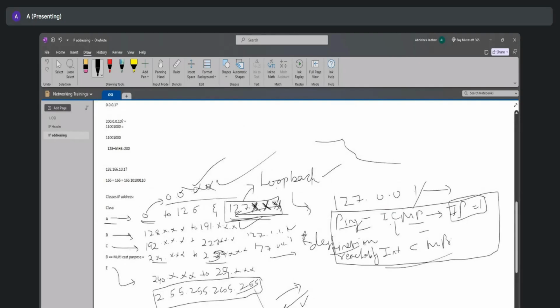For each network we create, there will be a broadcast IP and a network IP. We'll come back to that point. But these are the ranges we have got: class A is from 0 to 127, class B is 128 to 191, class C is 192 to 223, class D is 224 to 239, and class E is 240 to 254, in which 255 is actually the broadcast IP, right?